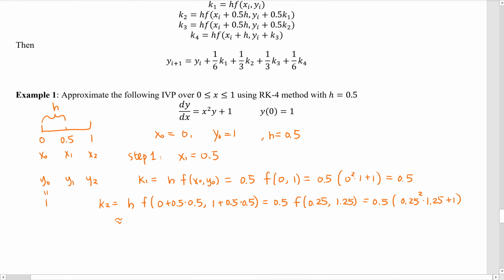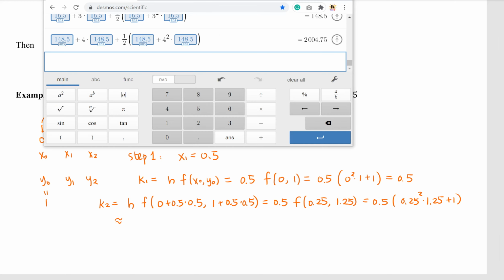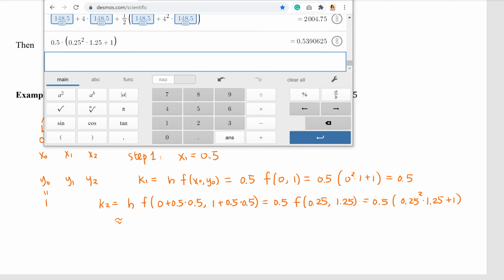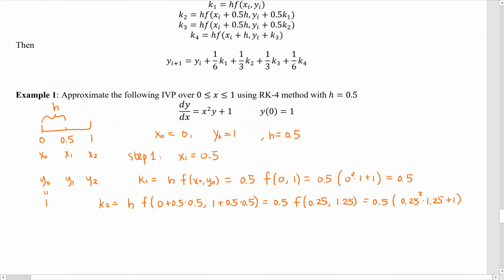Let me use the calculator here. 0.5 times parentheses 0.25 squared times 1.25, then plus 1, close parentheses. We get 0.539065. That's k2.